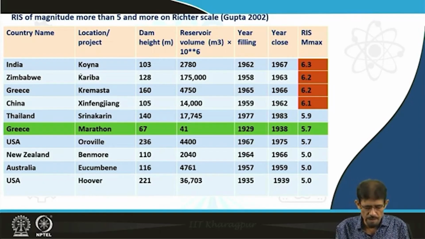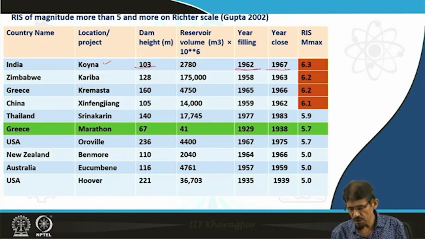Here are some examples related to projects located in India: Koyna Dam, having height 103 meter, started filling in 1962 and completed in 1967. Several RIS of magnitude 6.3 we have observed. In Zimbabwe, Kariba Dam, height is 128 and filling was in 1958 to 1963, 6.2.